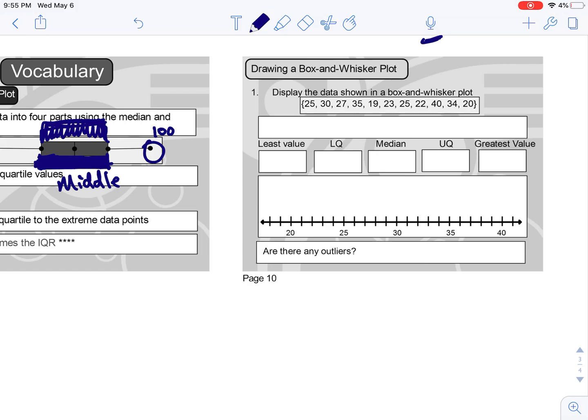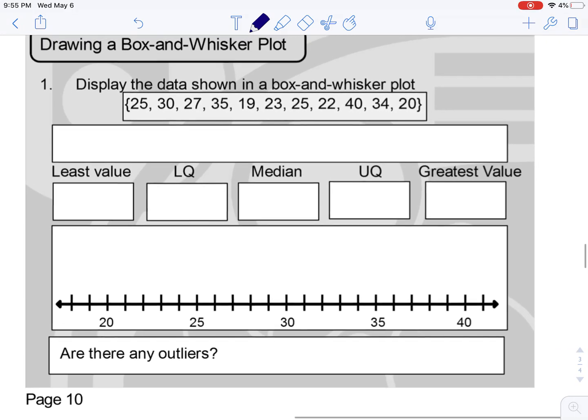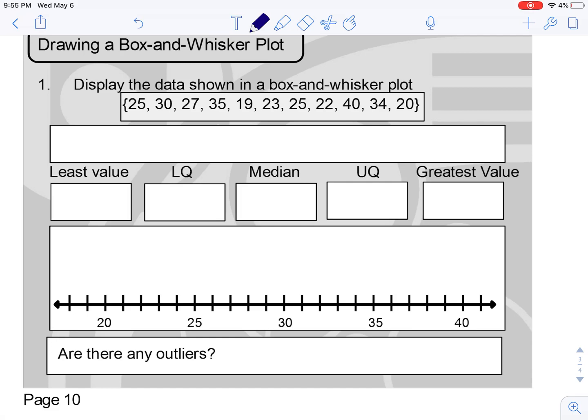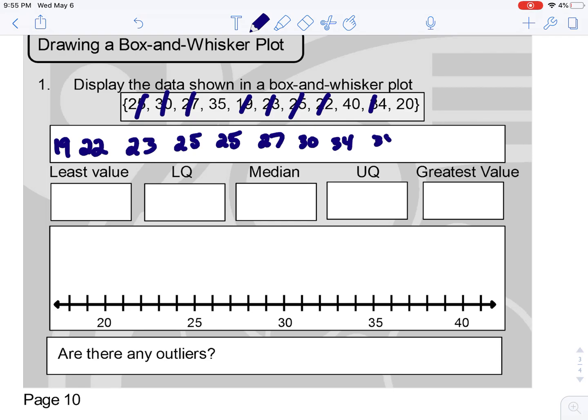To build a box and whisker, you have to put the numbers in order. So 19, then 23, 25, 25, 27, 30, 34, 35, 40.